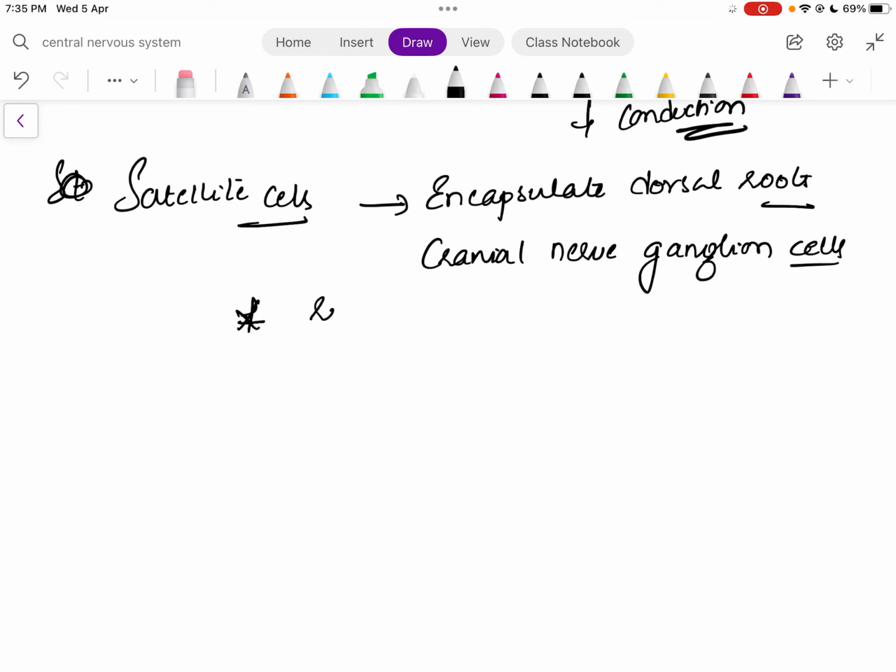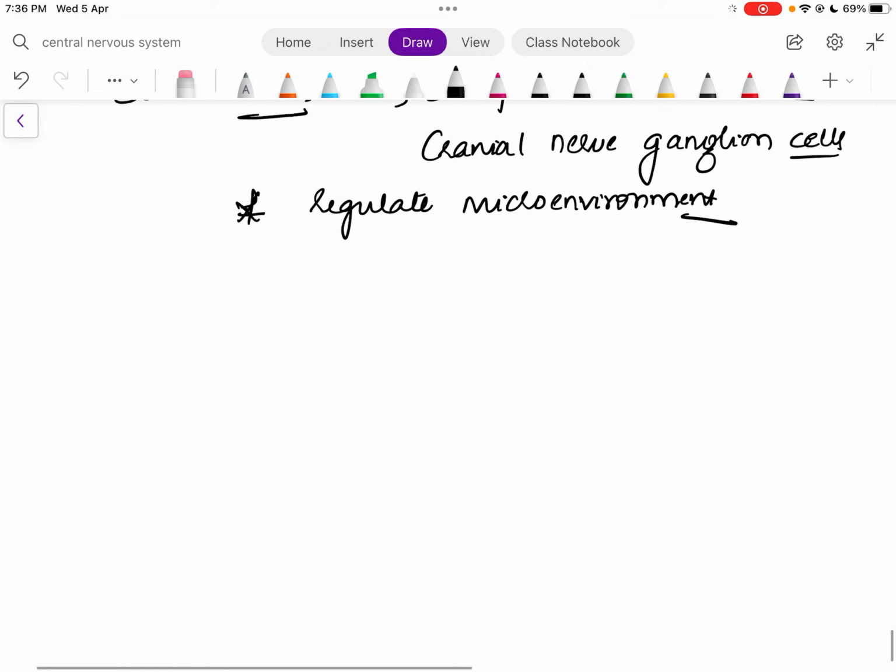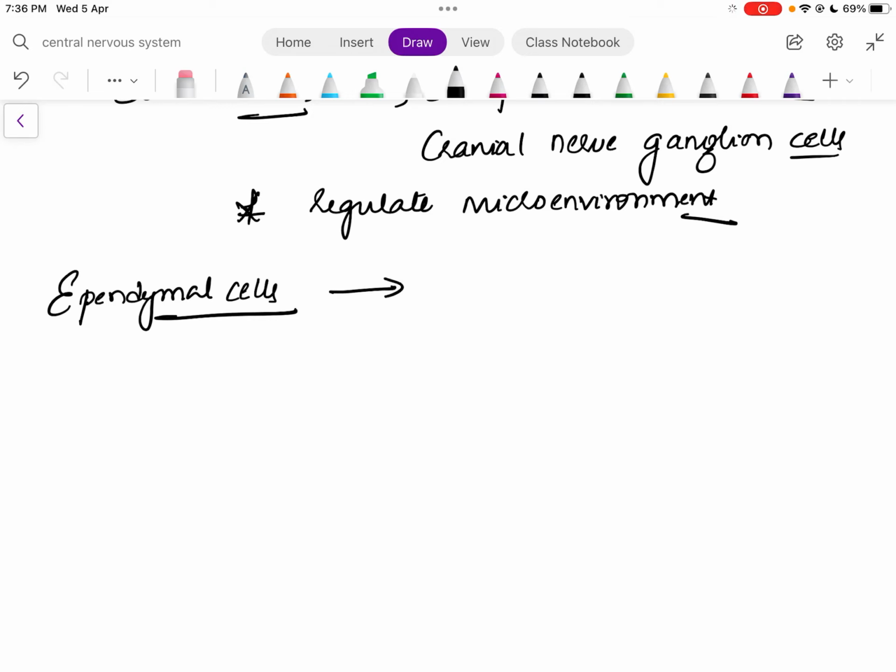What is the function of these satellite cells? They will regulate the microenvironment. And we have other cells called ependymal cells. What is the function of these ependymal cells?